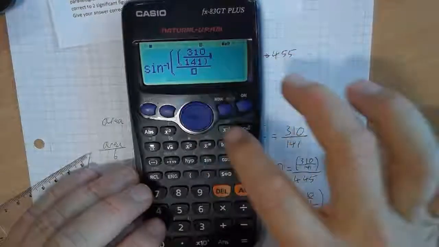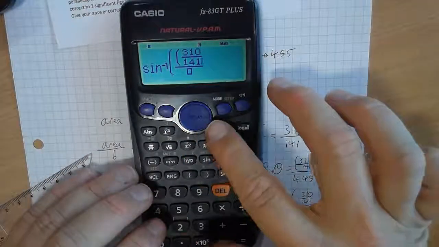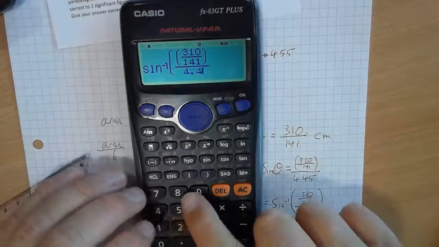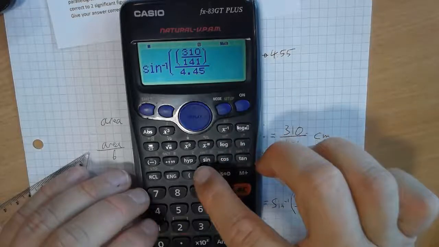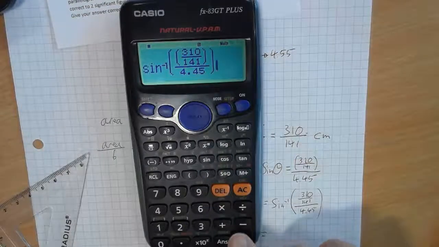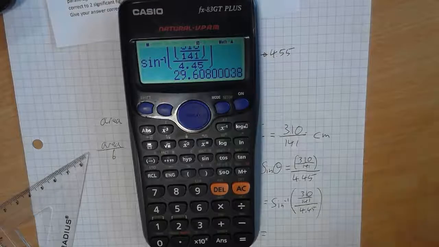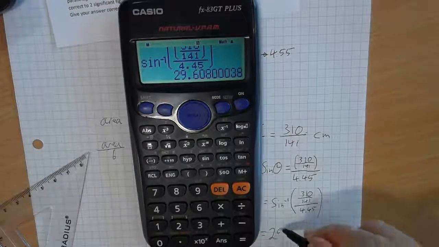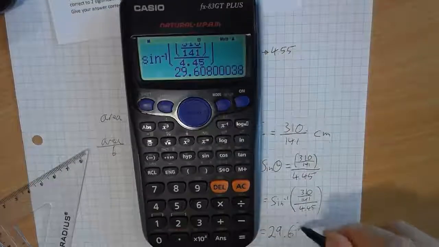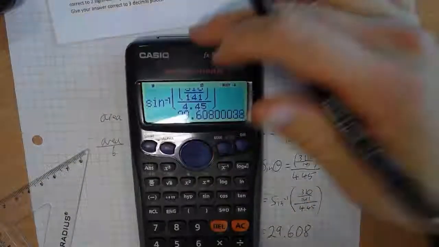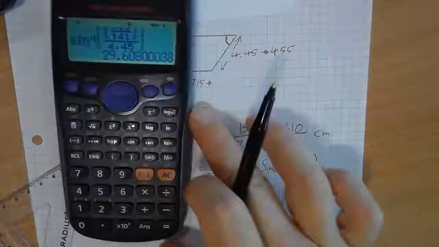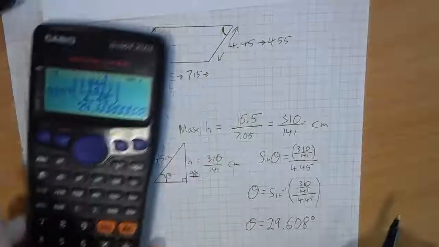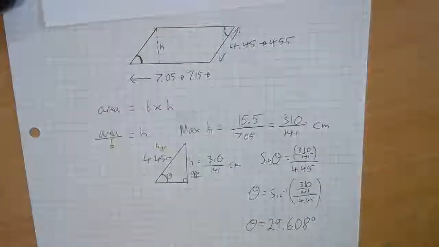And that's being divided by 4.45, and that gives me 29.608 degrees. To 3 decimal places, 29.608 degrees. And that is that.